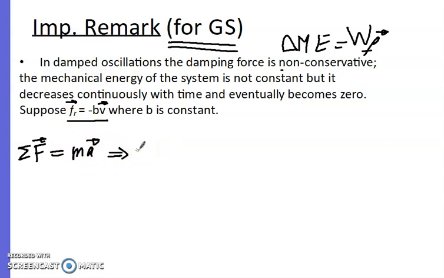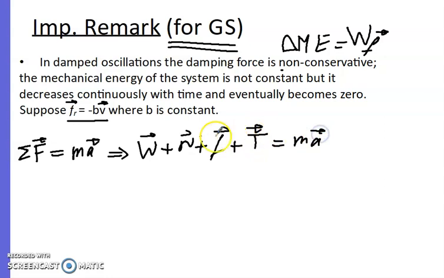So weight plus normal plus friction plus the tension in the spring, which is a restoring force, is equal to ma. Now because x'x is our reference frame, we get minus the friction magnitude, minus the tension magnitude, equal to ma.